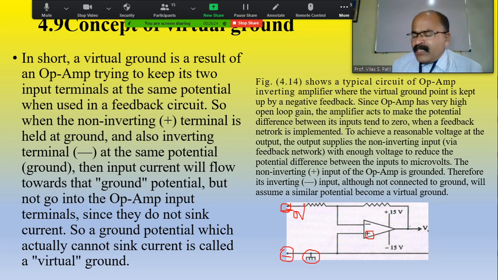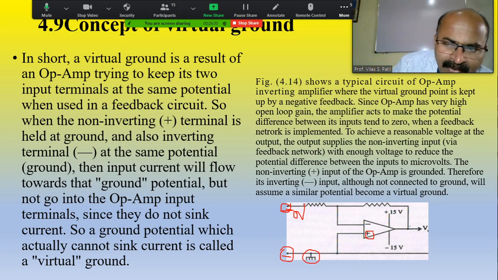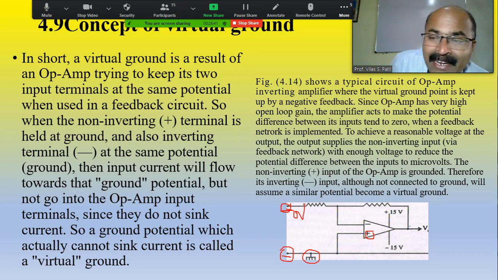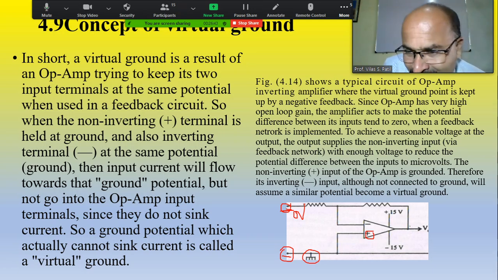The non-inverting input will be grounded already, but the potential across the inverting input terminal becomes 0. It tries to become 0.